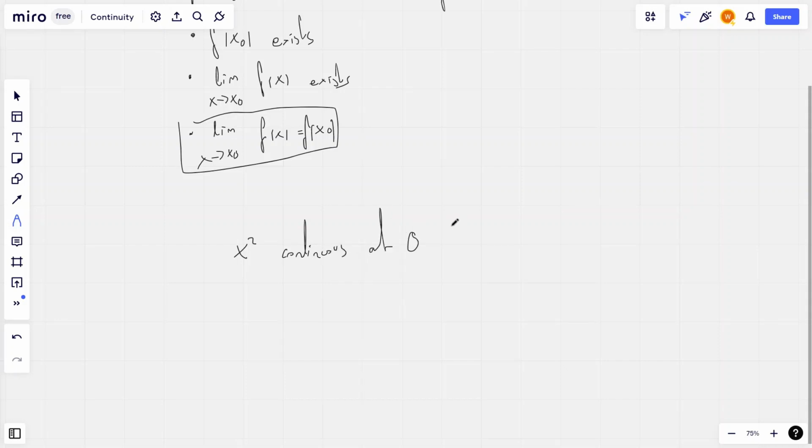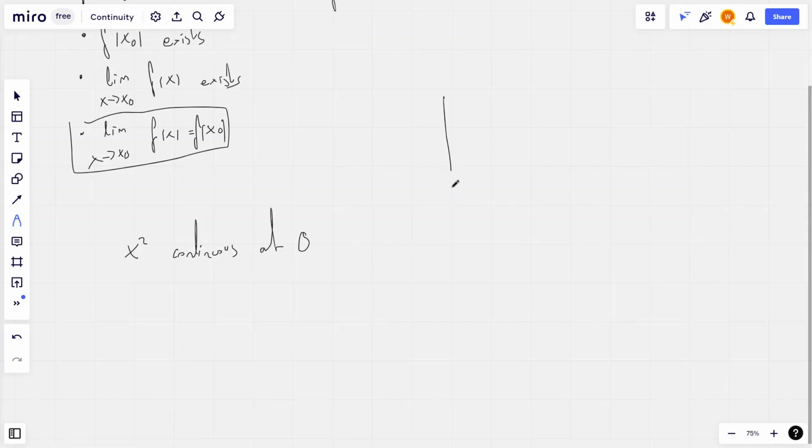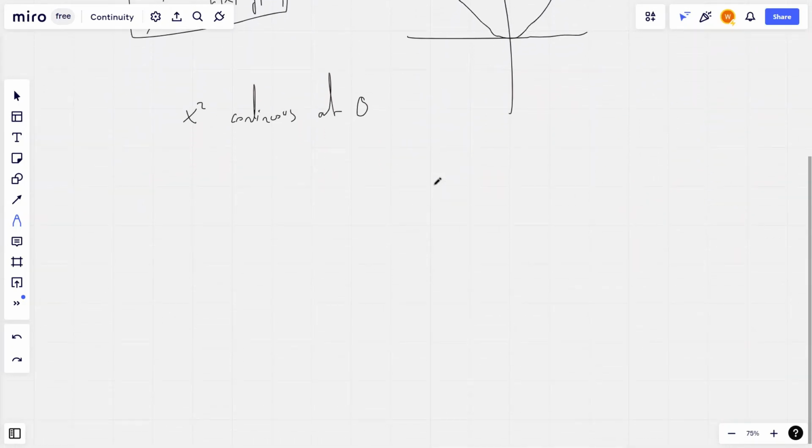If we have some graph here, intuitively we can see that the limit exists at 0. There's nothing in the way, there's no jump discontinuity. X squared at 0 is just 0 squared, which is 0, so it's going to be continuous at 0 intuitively.